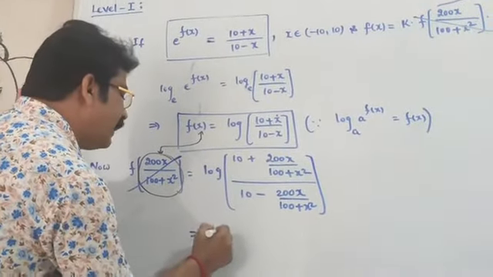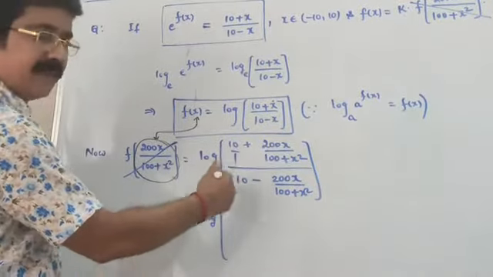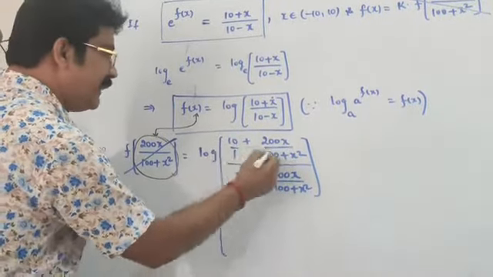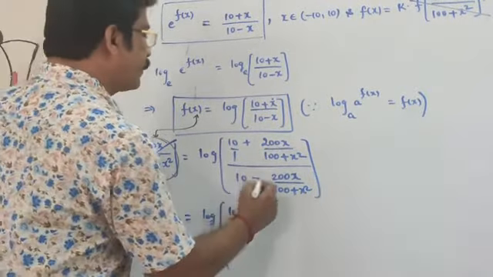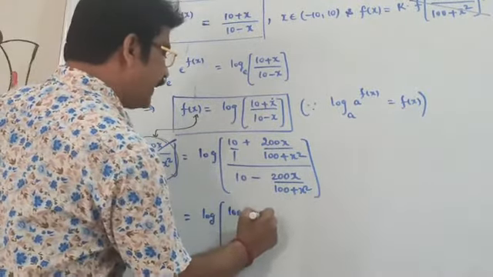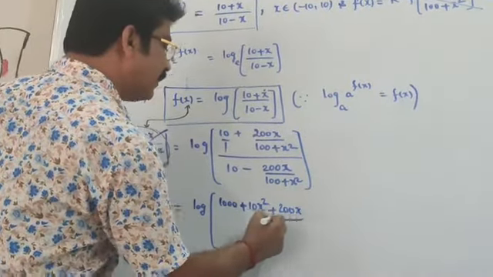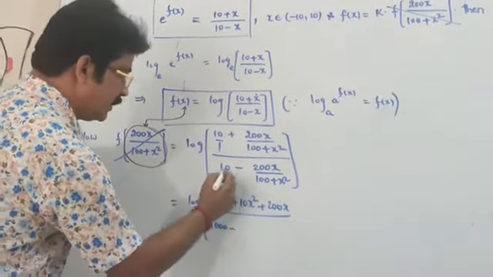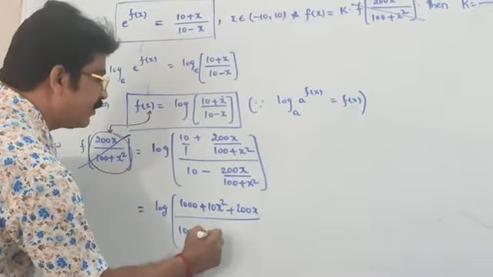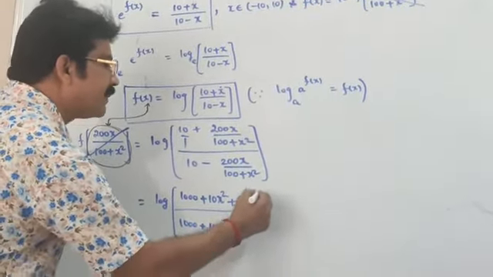So that is equal to the logarithm of, by cross multiplication, just simplify it. 10 into 100 is 1000 plus 10x square plus 200x, whole divided by 1000 plus 10x square minus 200x.